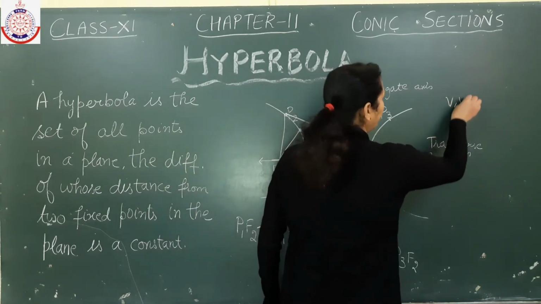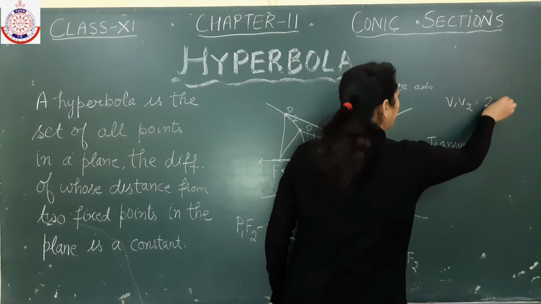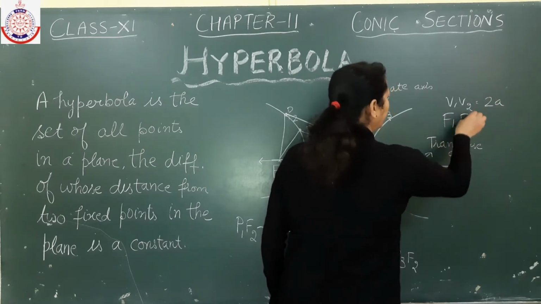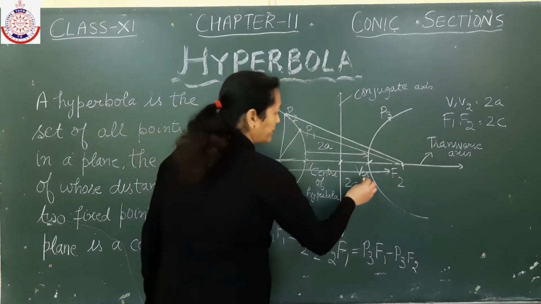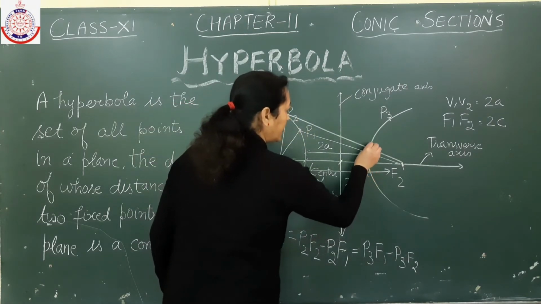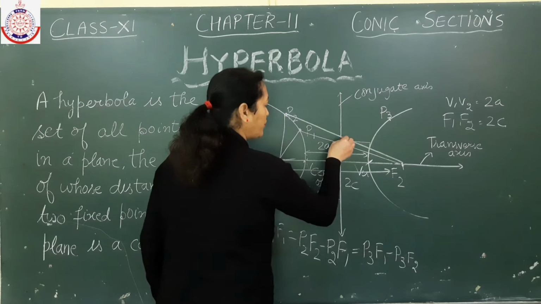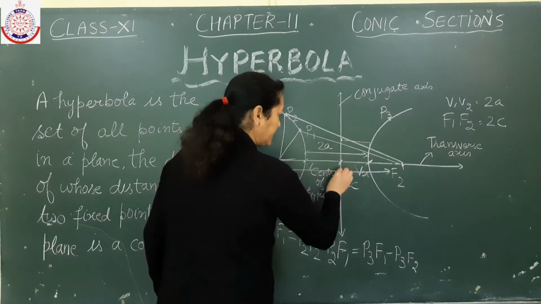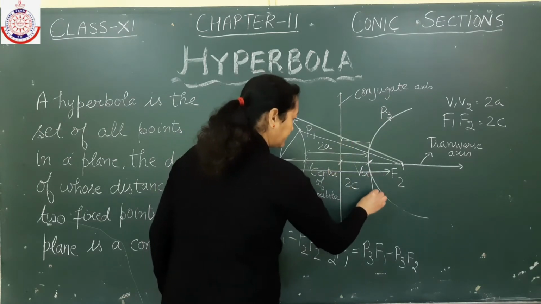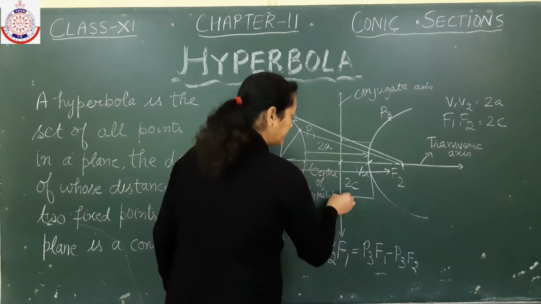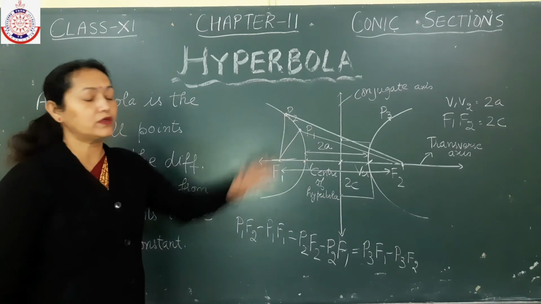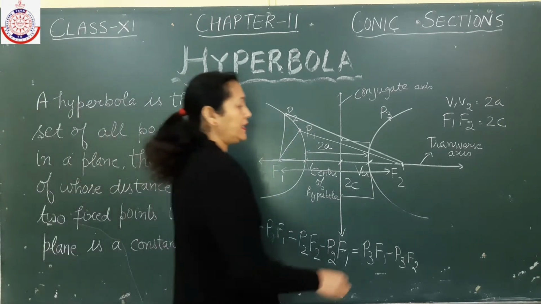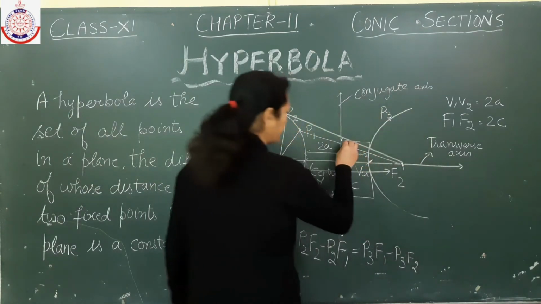You can say V1, V2, 2a, and F1, F2, 2c. And corresponding length of conjugate axis will be given by 2b. This one you can say b.